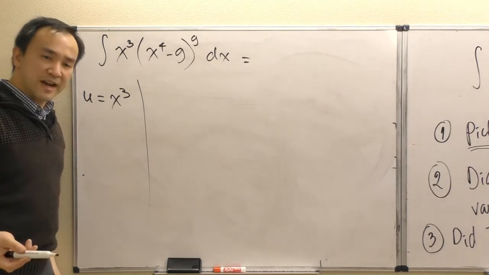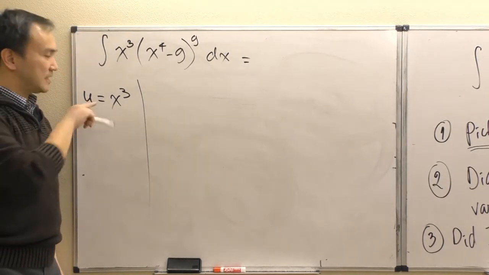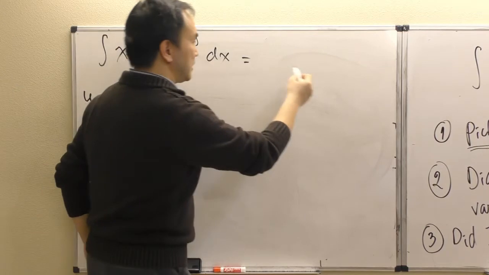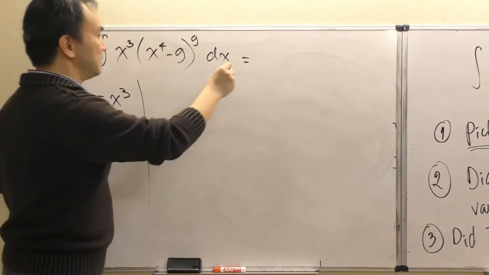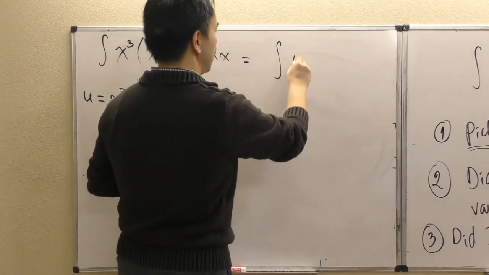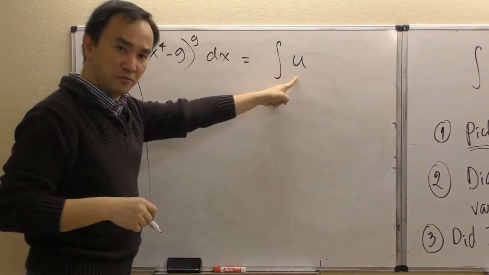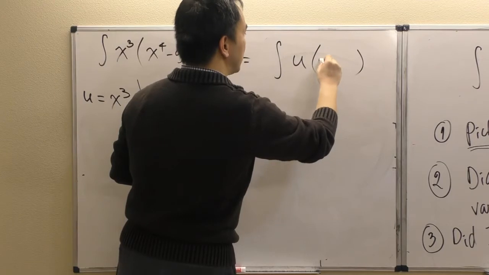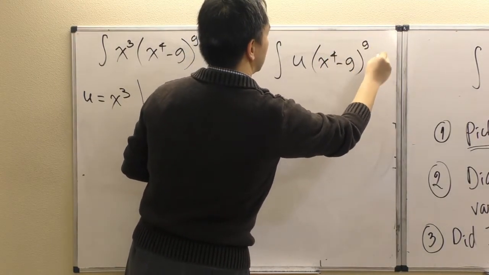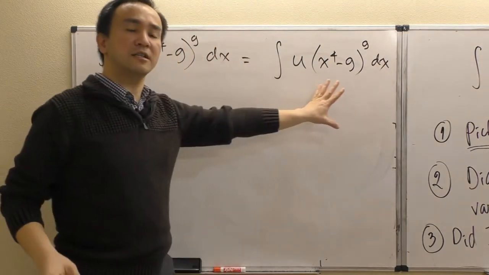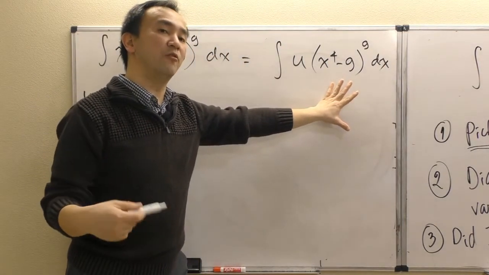And then you start asking yourself that same question again: if I pick this, what's going to be the consequence? If I pick this and bring that into my integral, the u cubed here becomes a u, but we didn't substitute for the x to the 4th minus 9, so let's leave it there. And with the dx, I did not completely wash away the old variable yet.